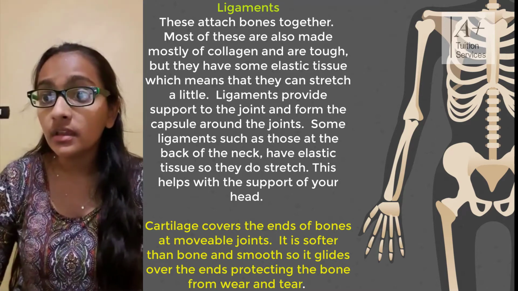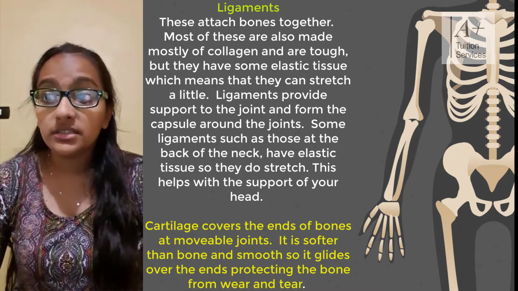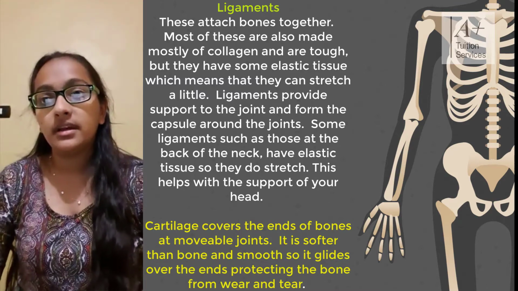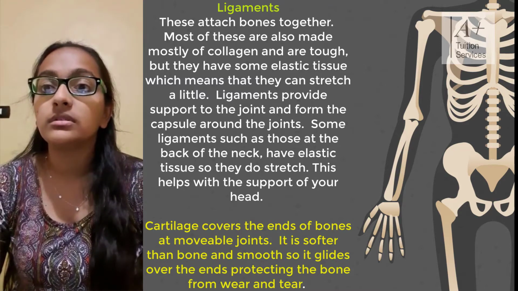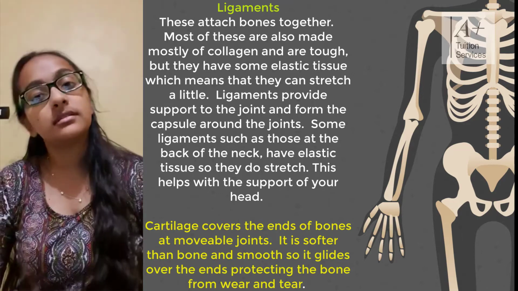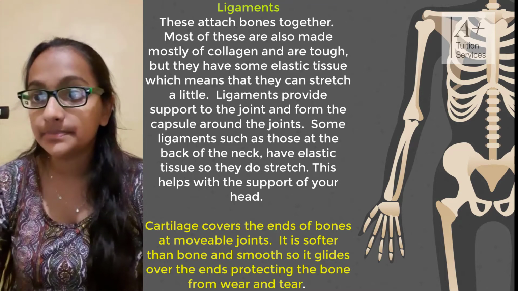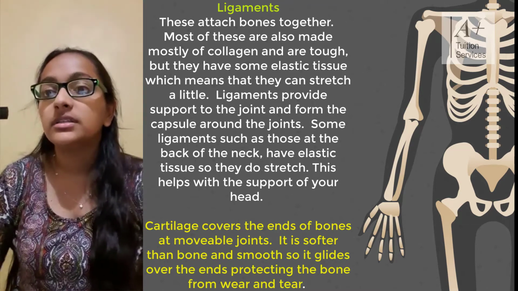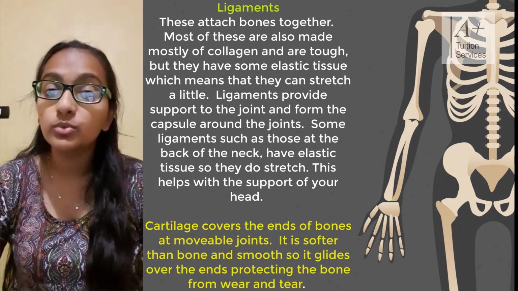So some ligaments, such as those at the back of your neck, have elastic tissues, so they stretch, and this helps to support your head. Like you could move your neck. Cartilage covers the ends of bones at movable joints.